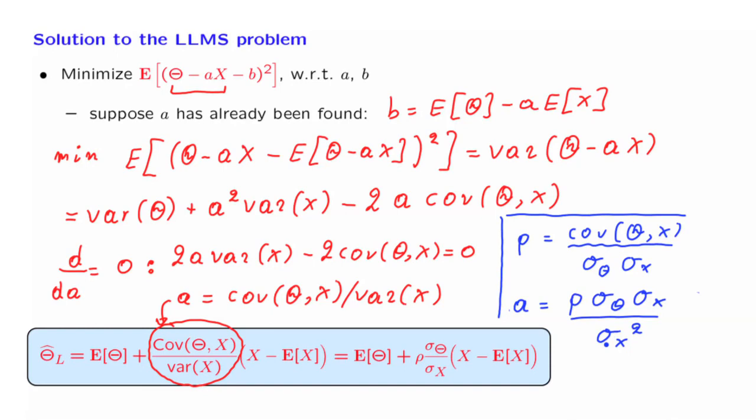And this is the quantity we want to minimize. What is it? We have a random variable minus the expected value of that random variable, squared, and then we take expected value. This is just the variance of the random variable theta minus aX.